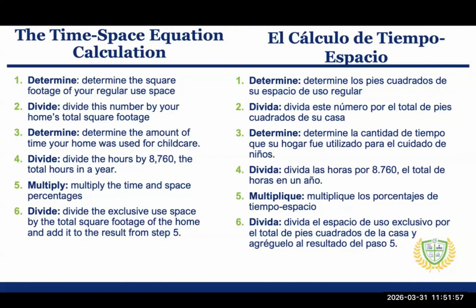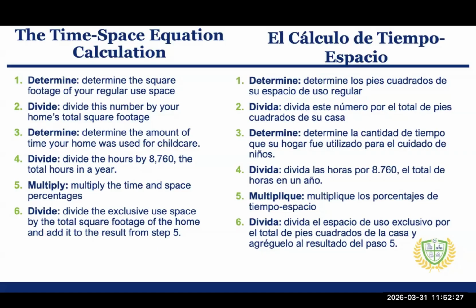If you have, let's say, a kitchen and a living room, and both of those spaces are regular use spaces, then you have to measure both. Then you add them up to get the total square footage of your regular use space. Then we want to divide that by your home's total square footage. So that's our regular use percentage.